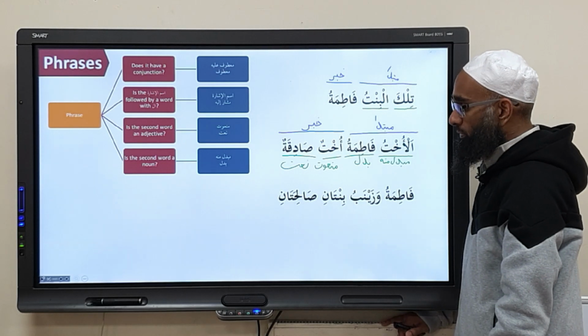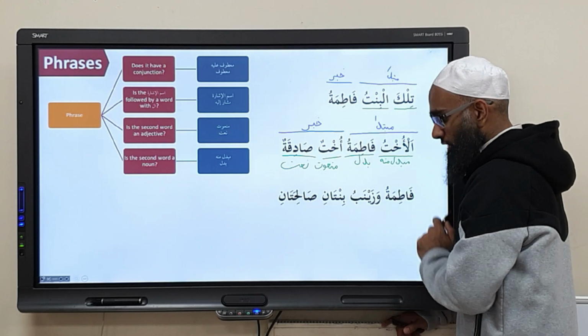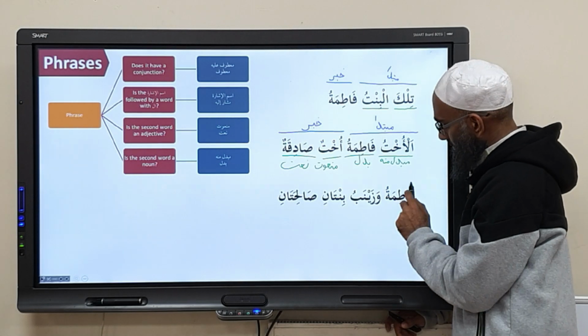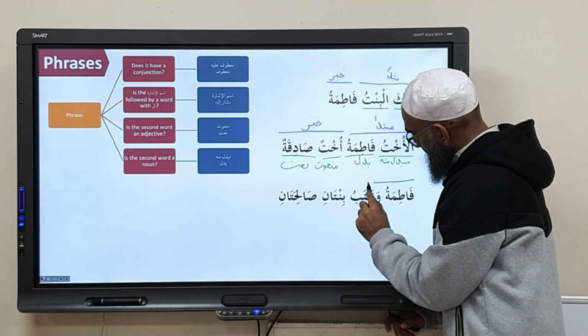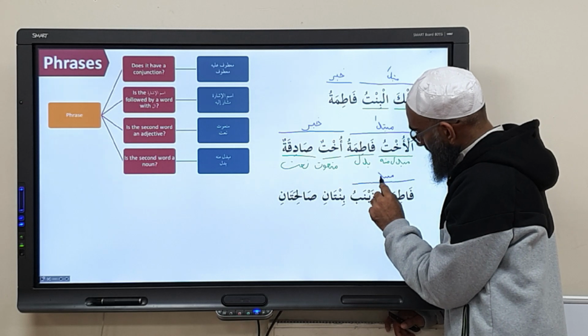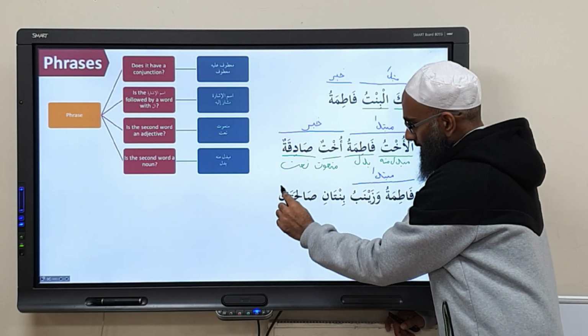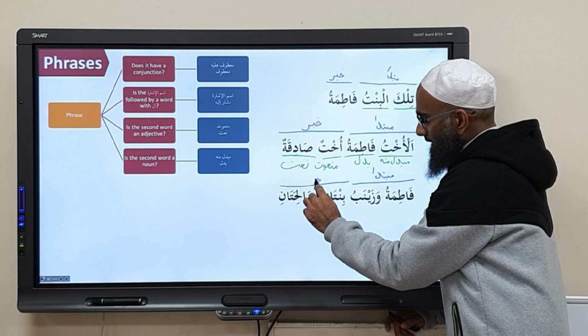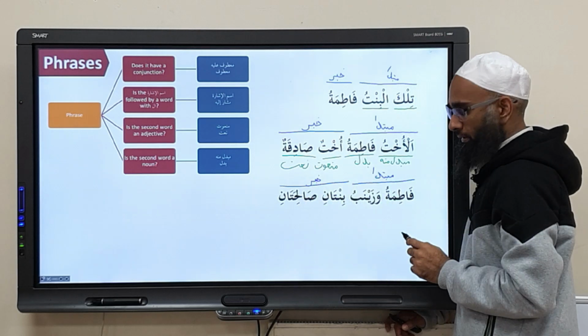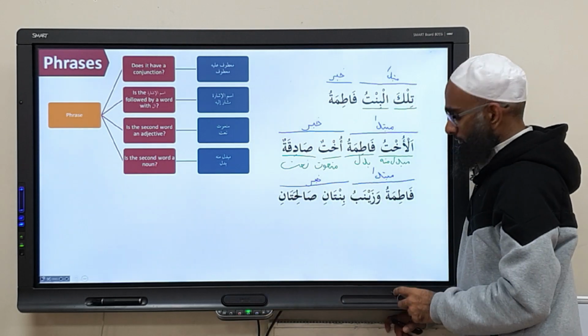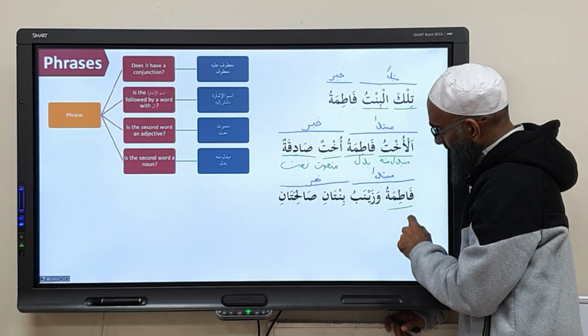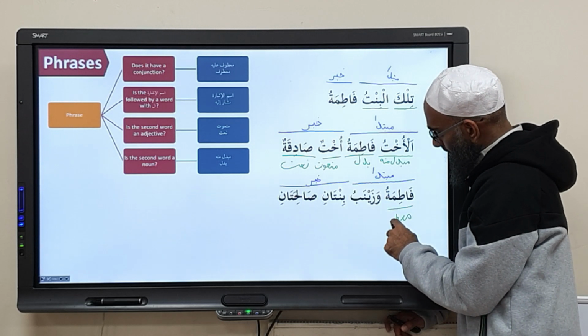Fatimatu wa Zainabu bintani salihatani. Structure. Fatimatu wa Zainabu mubtada. Bintani salihatani khabar. Bintani salihatani is khabar. And how do you break this down? Fatima is ma'tuf alayh.